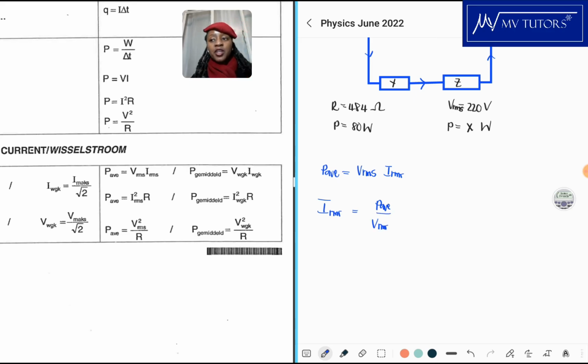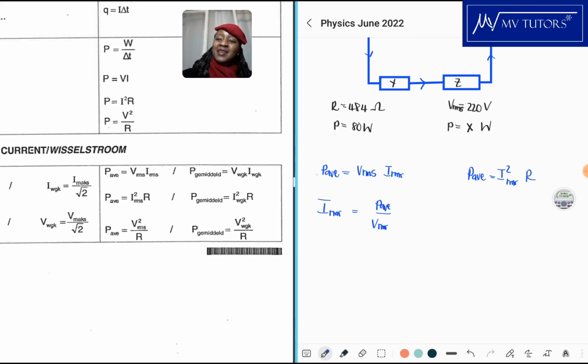Secondly, we can use P average equals I squared RMS times R. Why am I giving you all these options? Why couldn't I just choose one equation and go with it? I wanted us to see which one would actually be correct.